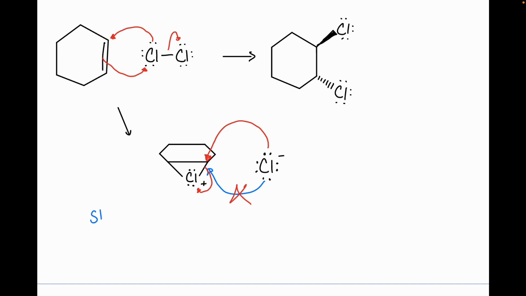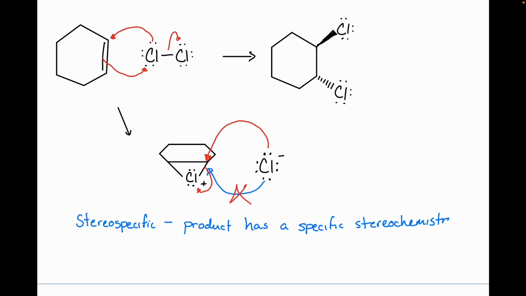This is what's called a stereospecific reaction. So it's not regiospecific like the other one, but it is a stereospecific reaction. Our product has a specific stereochemistry. All right, I get no cis product.